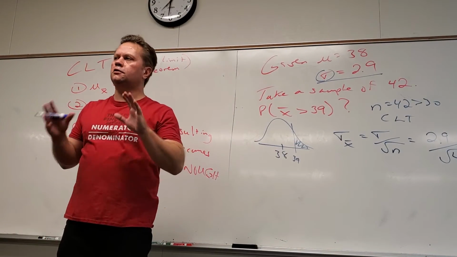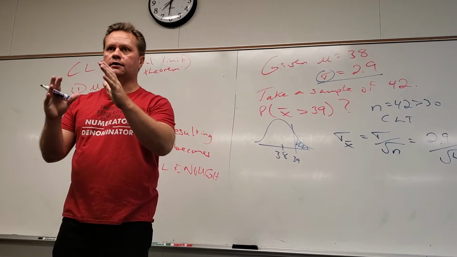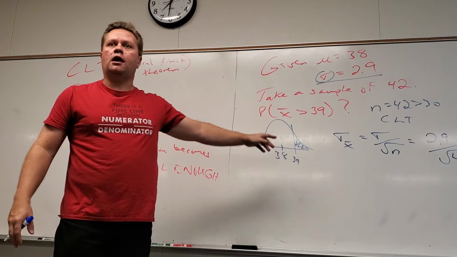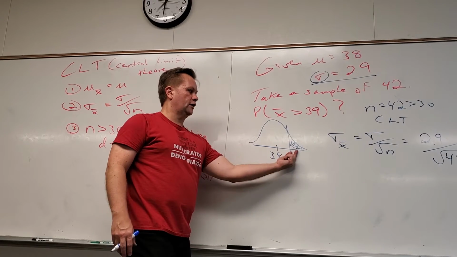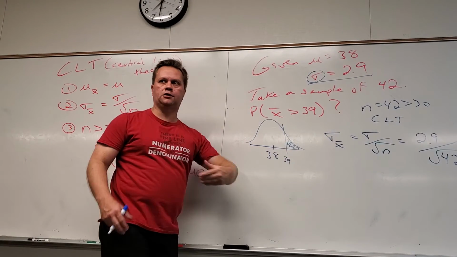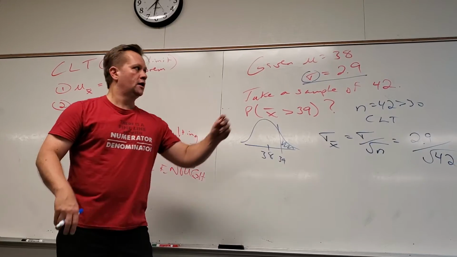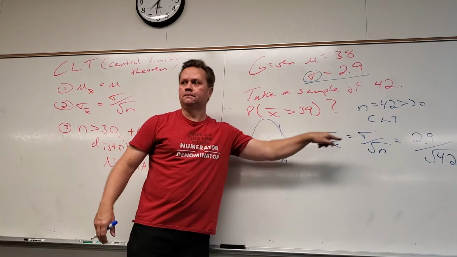Now here's the beautiful thing about this. It took me forever to explain that concept. How does it change an actual problem? Not by much. What do I do next to figure out this area? I want to take 39 and make it into a z-score. The only difference now between this problem and the problem from chapter 6 is this one step.